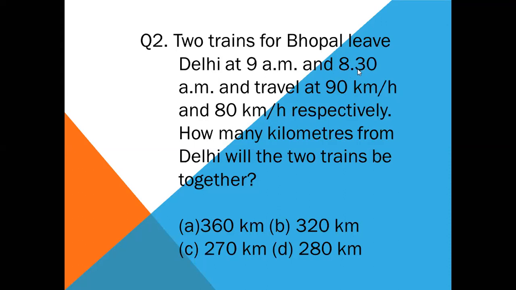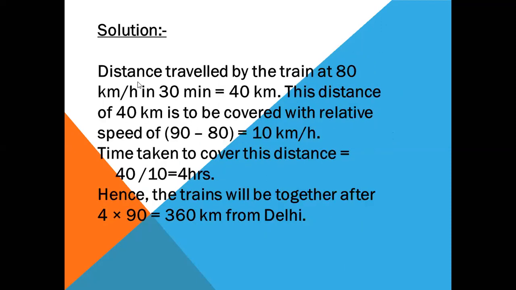If I ask you how much distance will be covered by the second train in 30 minutes, then you can say 40 km. So I can say to make 8:30 as 9 a.m., the second train will cover 40 km more. So this is what I'm saying: the distance traveled by the train at 80 km per hour in 30 minutes will be 40 km.